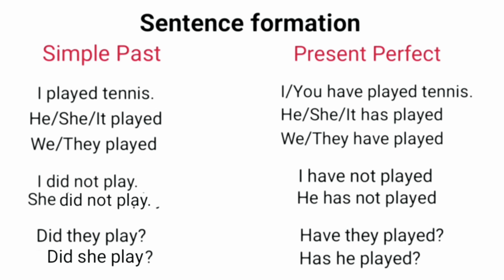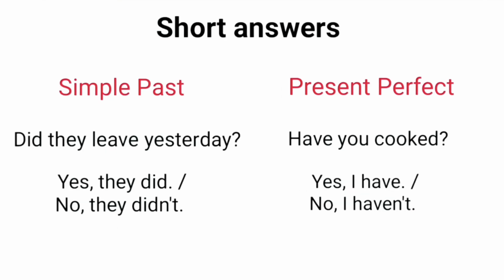In negative sentences, not is added, and examples are I have not played, he has not played. And in interrogative sentences, we bring has or have at the first place, and the questions are have they played, has he played.